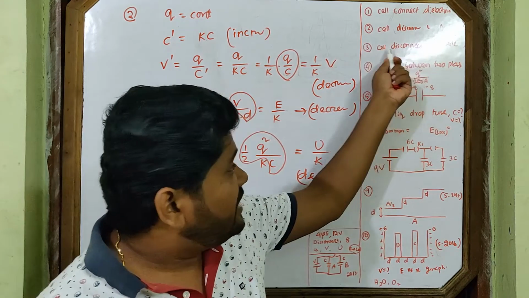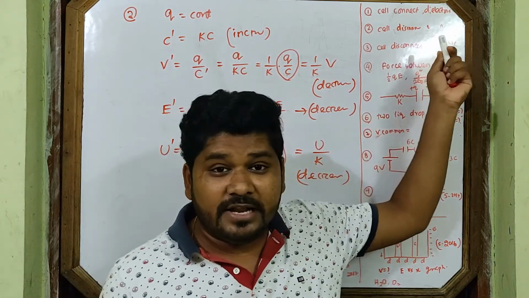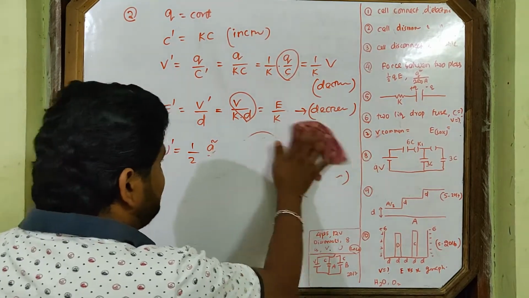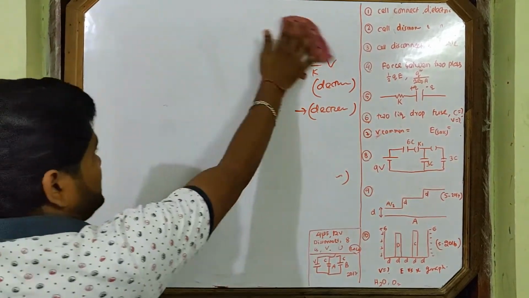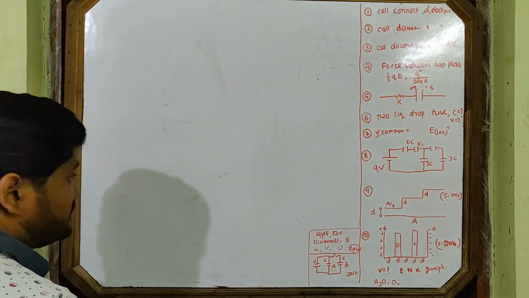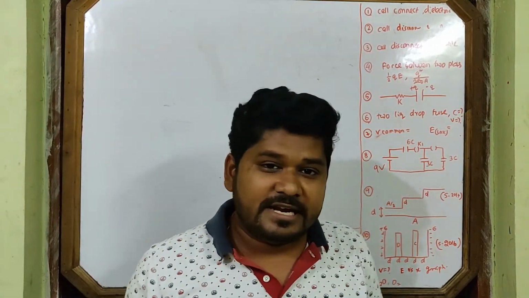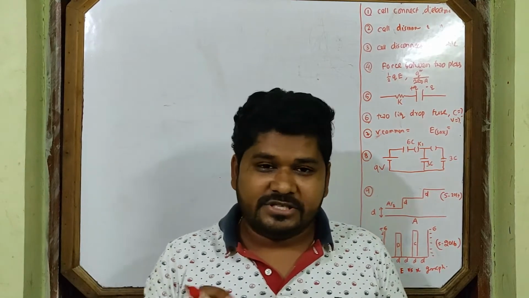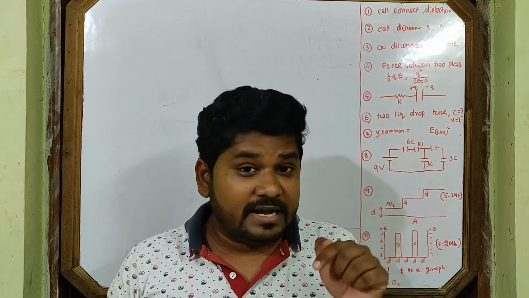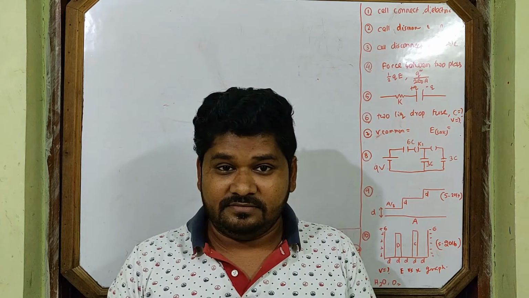This came again in 2010 in the Delhi board. This question is a little different. I am eager to discuss it because there is a common mistake in this question. Now let's see. The question is like this: the capacitor is charged to some potential and the cell is disconnected. Here a dielectric is not inserted.